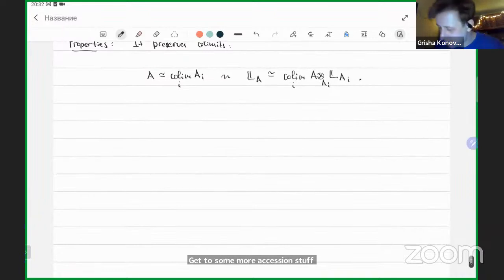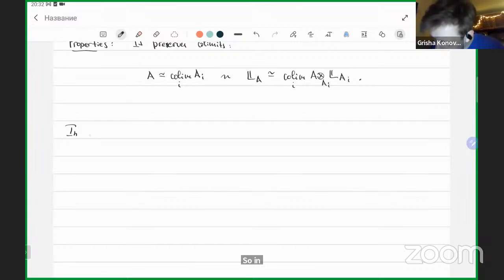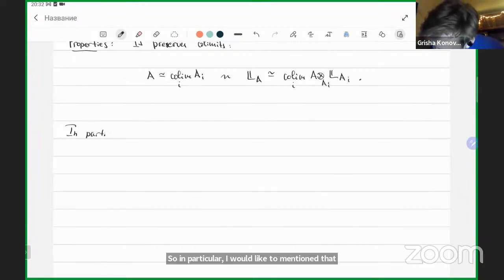So in particular, I would like to mention that specifically it preserves push-outs.